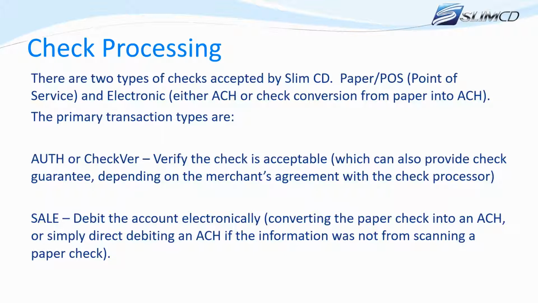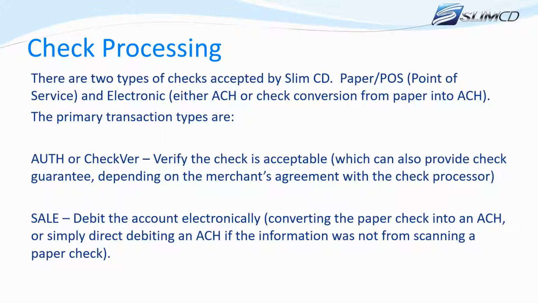So when you take a check, there's a few things you can do. One is just to auth or to verify, two different verbs for the same thing, two different trans types, and that just does basically a credit check lookup on the credit or the worthiness of the check writer. Based on information they provide, such as their checking account information or maybe their date of birth and driver's license, it looks to see if they're known to write a lot of bad checks or whether they're on a good database where they're known that all their checks clear, and they'll give the merchant some warm and fuzzy feeling by saying, yes, it's good to accept this check.